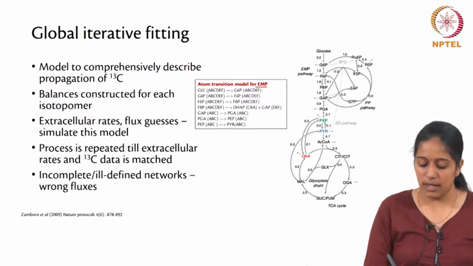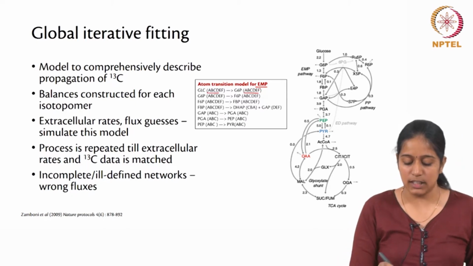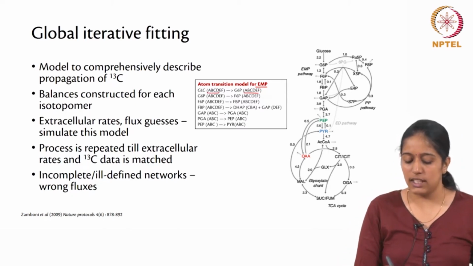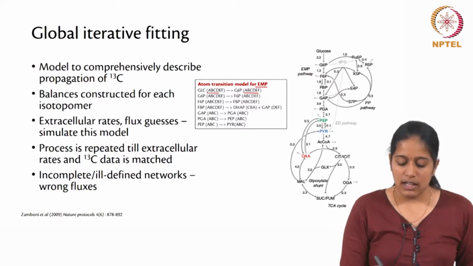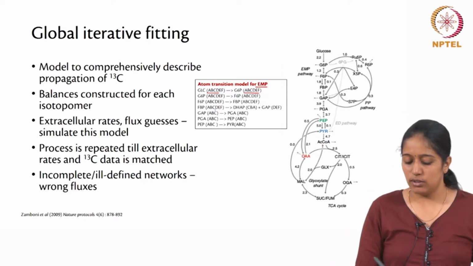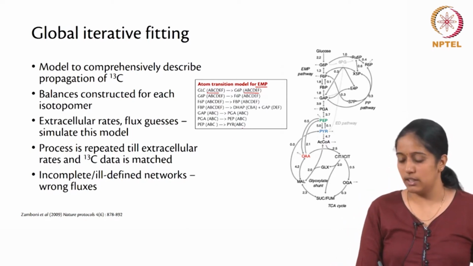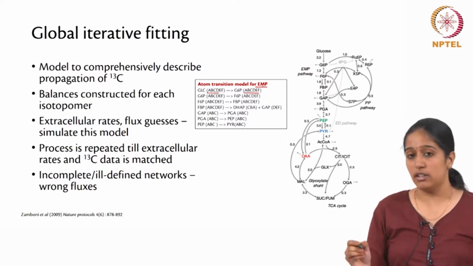So, with this you frame rules of this sort. This is just an example. If you have A, B, C, D, E, F as different carbons of glucose, you have G6P, that is A, B, C, D, E, F, and so on and so forth. So, till pyruvate you have this particular label, and this is a simple atom transition model for glycolysis.